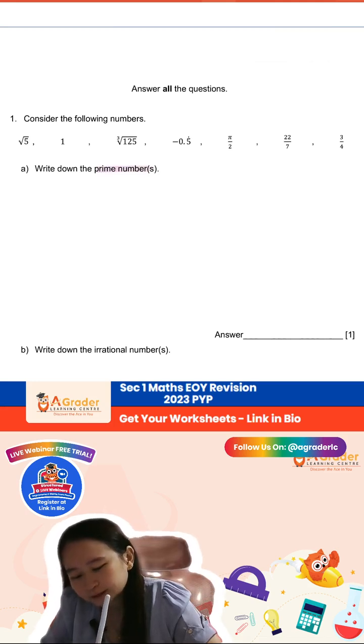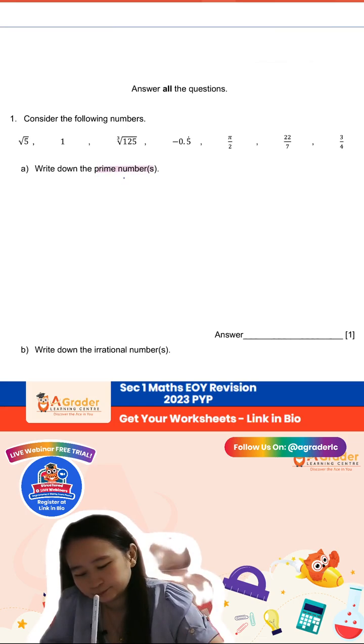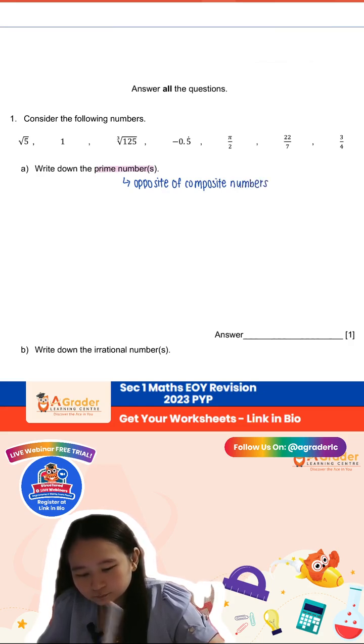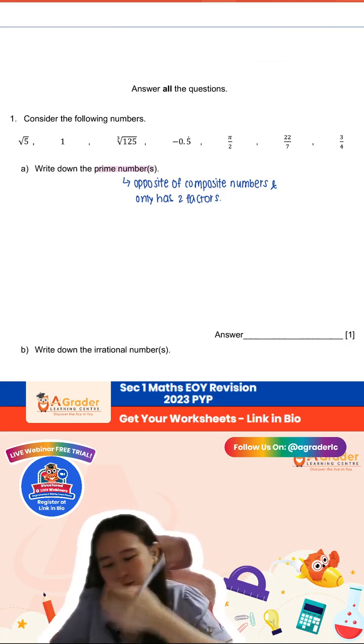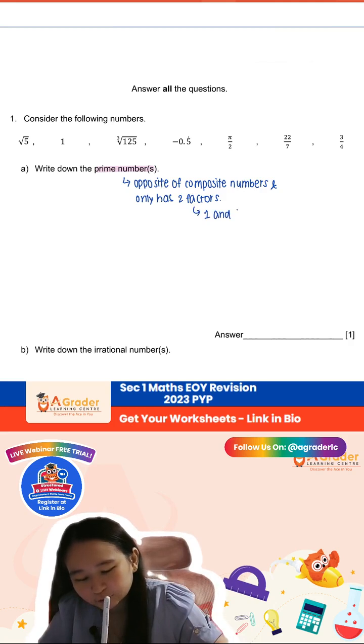So prime numbers is opposite of composite numbers, and only has two factors. So the two factors will be 1 and itself.